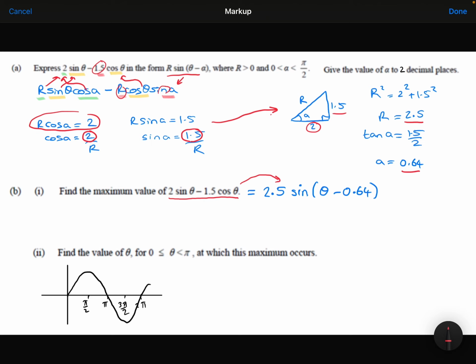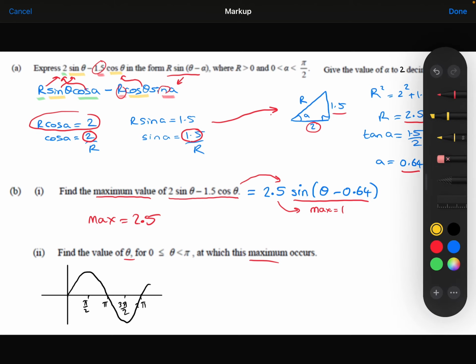which is really useful because now I can just look at this and I can see what its maximum and minimum would be really easily, because I know the biggest that sine can be is 1. And so the biggest that 2.5 sine could be is 2.5. So the maximum is 2.5. Now to find the value of theta when that maximum occurs, let's think about the trigonometric function sine.